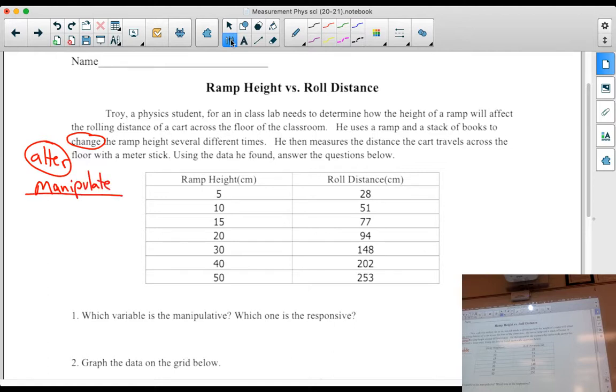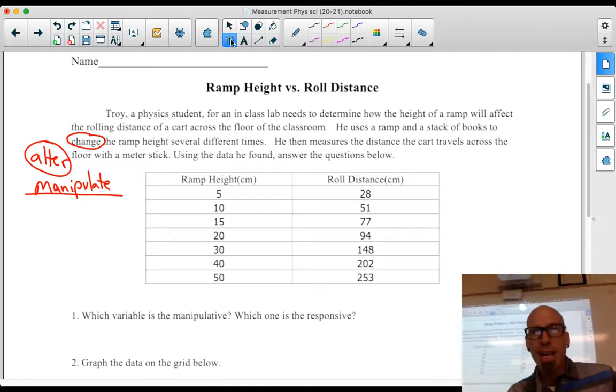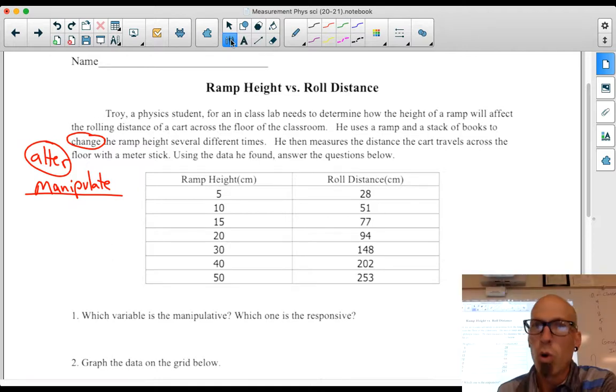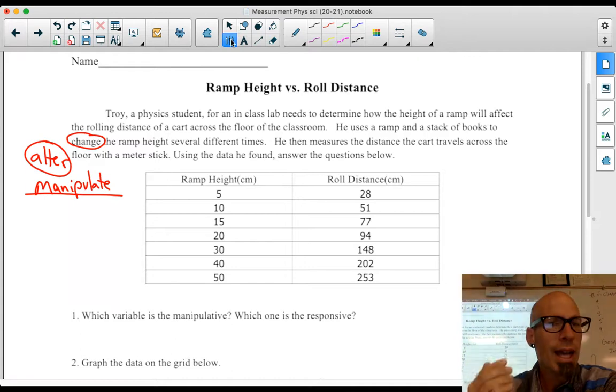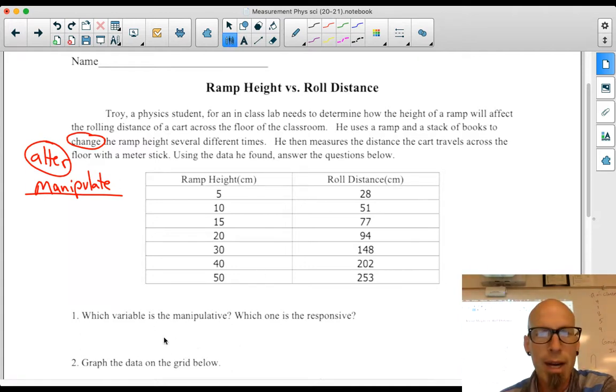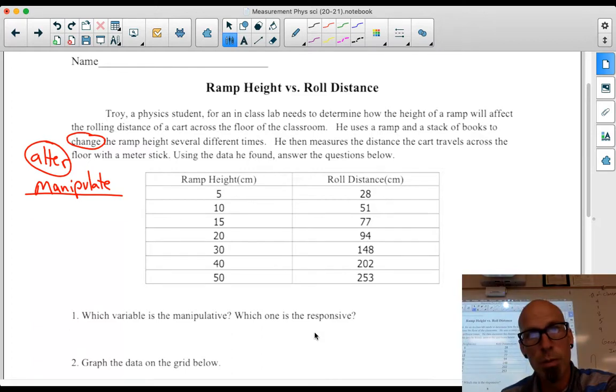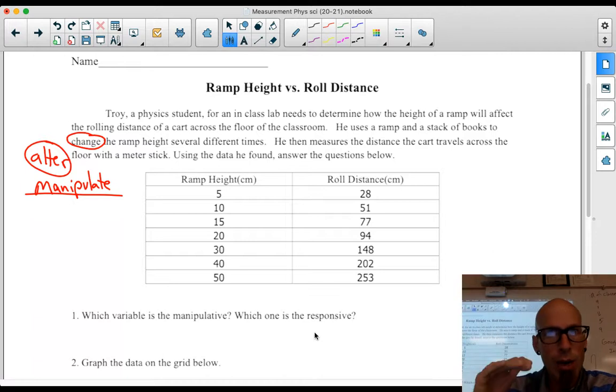So if you are changing it or altering it or whatever other word that means change, that is manipulate. So Troy is manipulating the ramp height. He's changing the ramp height. So that has to be the manipulative. The ramp height is the manipulative. That means that the responsive has to be the roll distance. The rolling distance is what is going to respond to or depend on how high the ramp is set. I hope that makes sense.